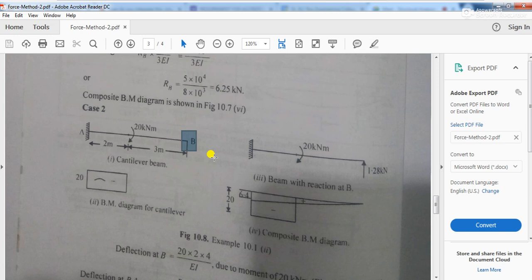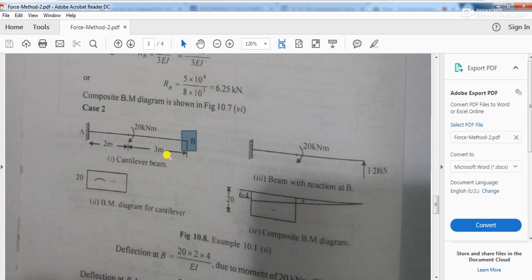As the structure is single degree indeterminate, you have the equations of statics, but moreover, for a 1 degree indeterminate structure you require one more equation, and that equation you will get from this compatibility condition.